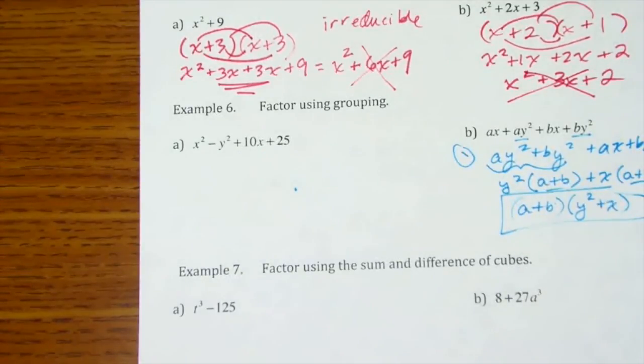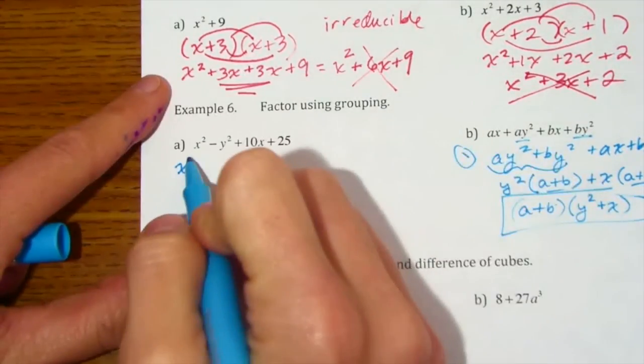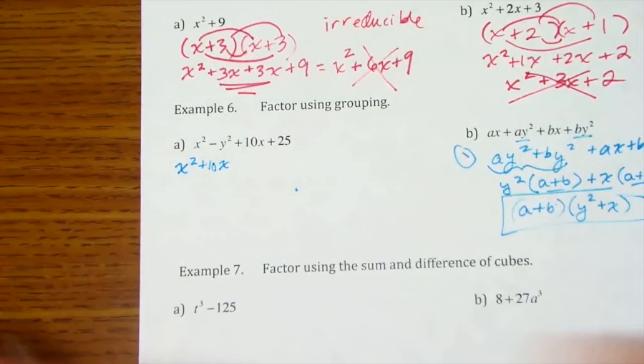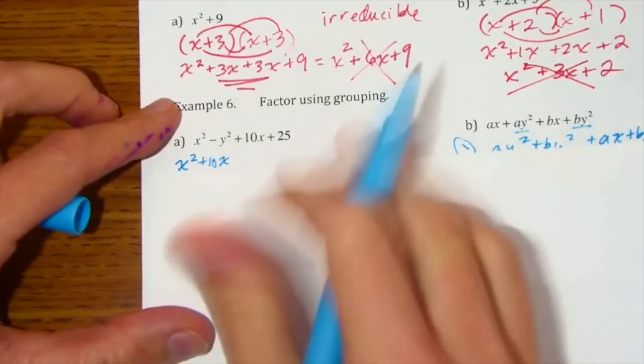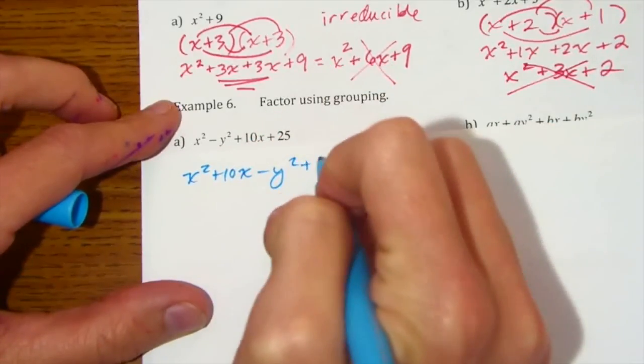I want you guys to take a look at it. Can anybody come up with a different way that we could do this? Oh, so close. X squared plus 10x. Let's take a look at what you were saying, though. I do want to write that. So x squared plus 10x minus y squared plus 25.